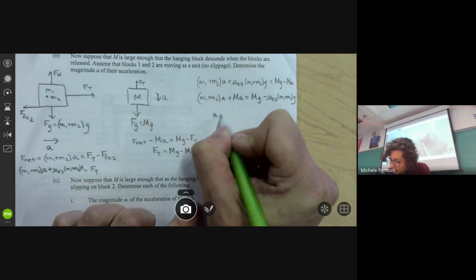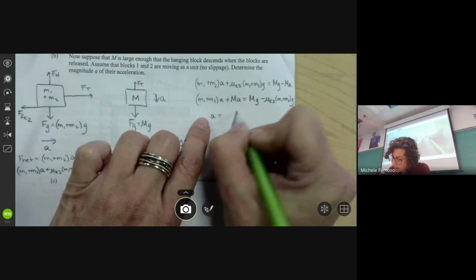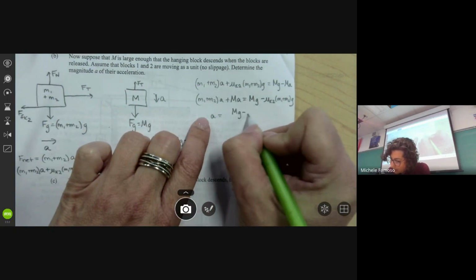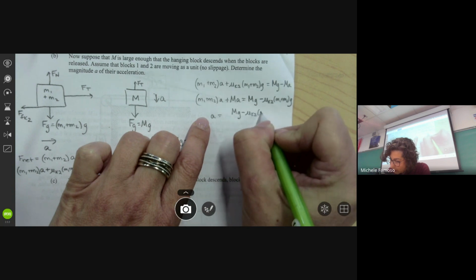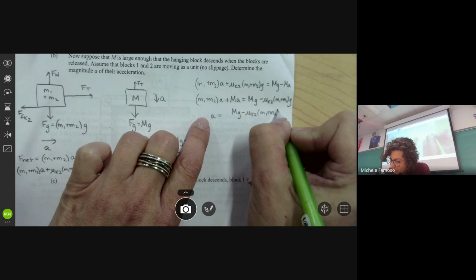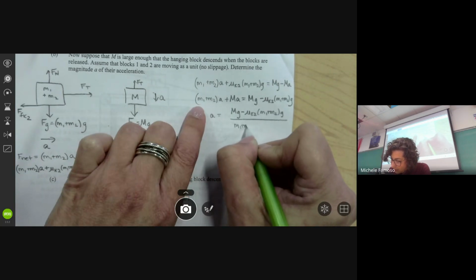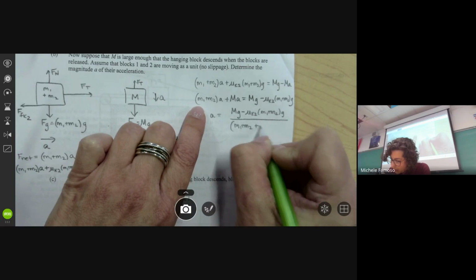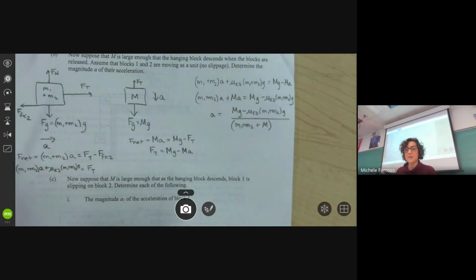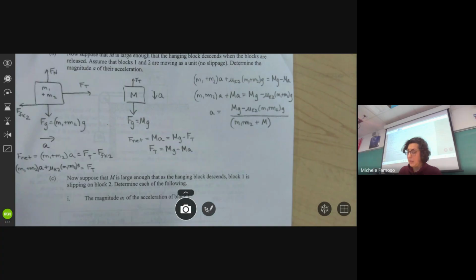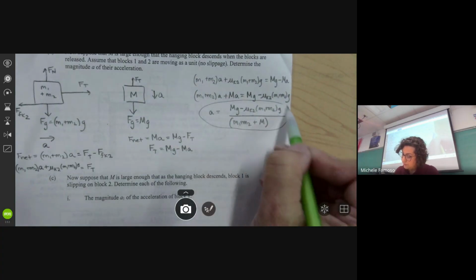So if I factor out the A, I'd have mg minus mu K2 times M1 plus M2 times G all over, factoring out the A, I'd have M1 plus M2 plus capital M, the mass of the system. And that is the answer to this question.